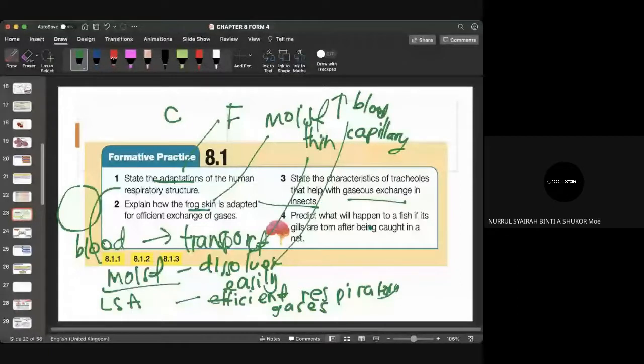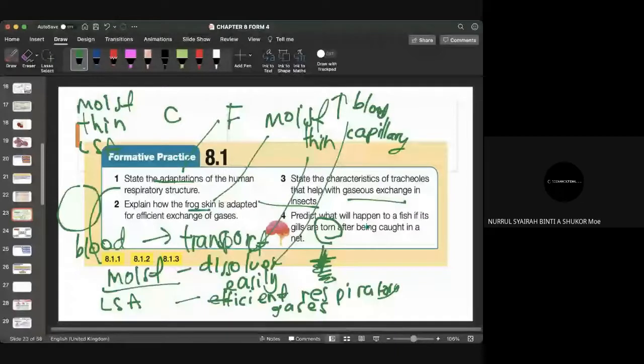Right, bila gills dia ni dah terkoyak, apa akan jadi? Which part yang moist ke, thin ke, large surface area ke yang affected kalau dia punya insang ni koyak? Mana satu?